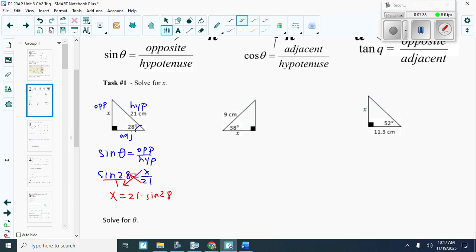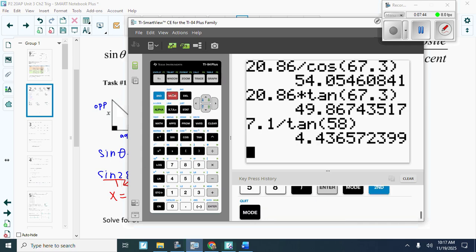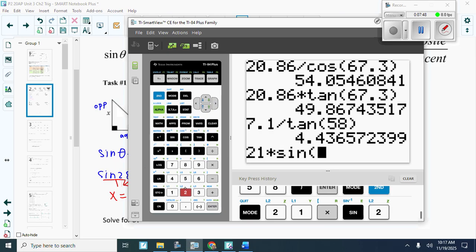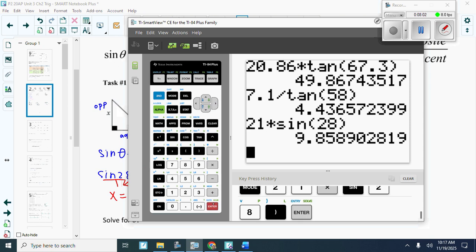Because invariably, your calculator leaves the bracket open when you type 21 times sine of 28. Some of you have recognized that if you just hit enter, it'll do the answer for you. Don't get lazy though. Close your bracket to get the side length.